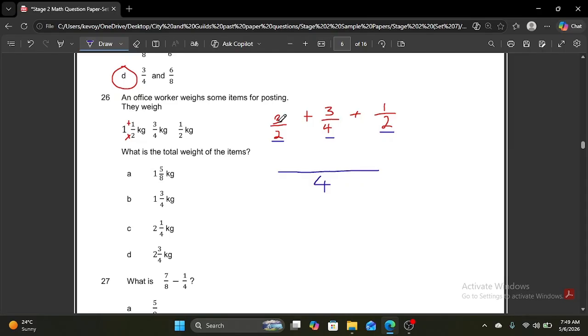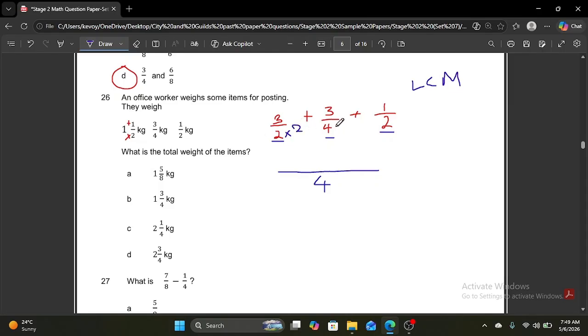LCM is the lowest common multiple. If you want, you can look up how to find it, or maybe I'll just add a video. Basically, it's the answers you get in each times table. So for the 2 times table, what can you multiply 2 by to get 4? That would be 2. 2 times 2 is 4.